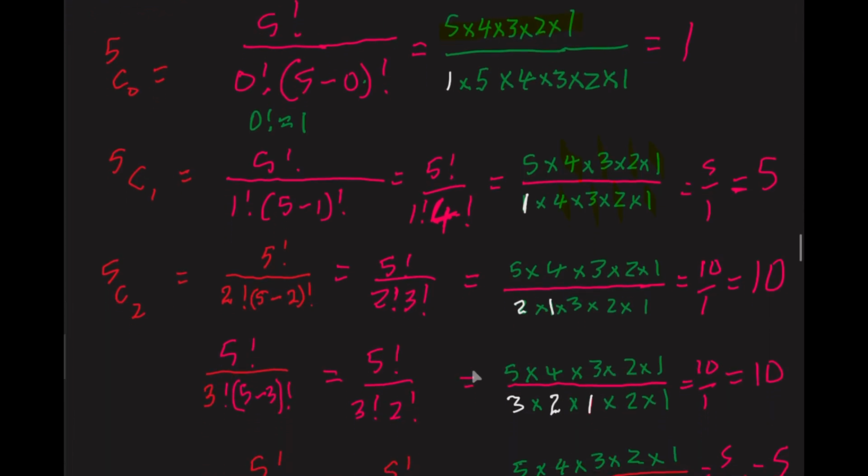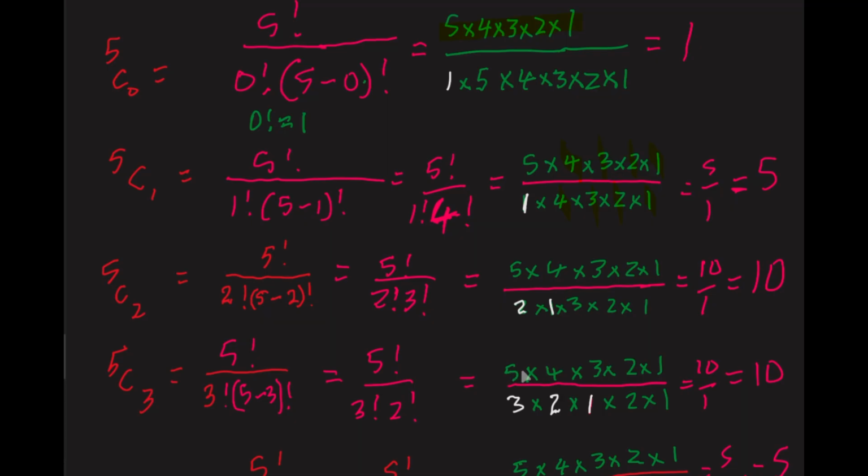Next level, 5 choose 3. So 5C3 will be equal to 5 factorial at the top again, then 3 factorial times (5 minus 3) factorial in the denominator. That's going to be equal to 5 factorial over 3 factorial times 2 factorial.